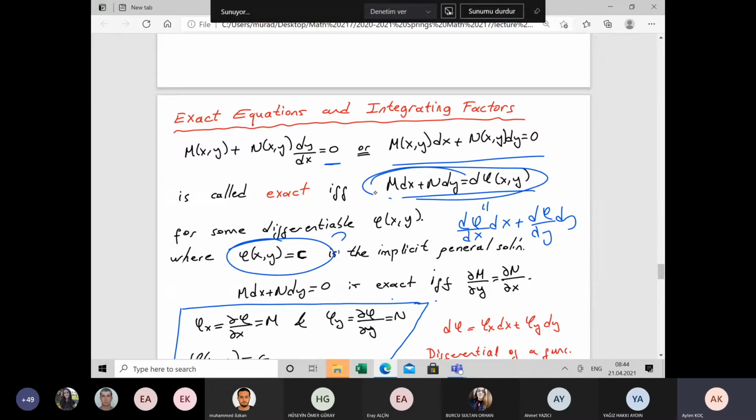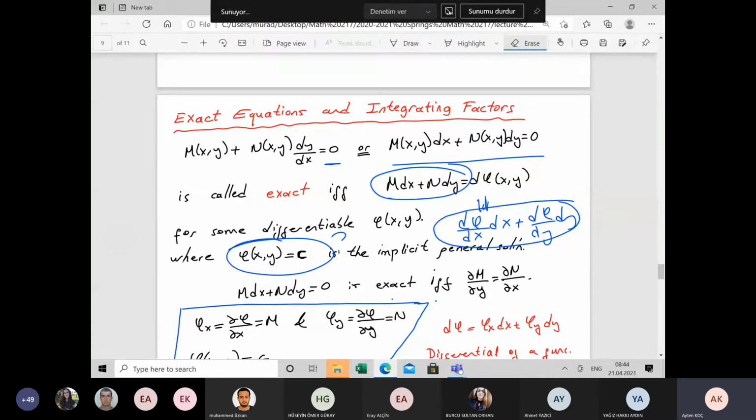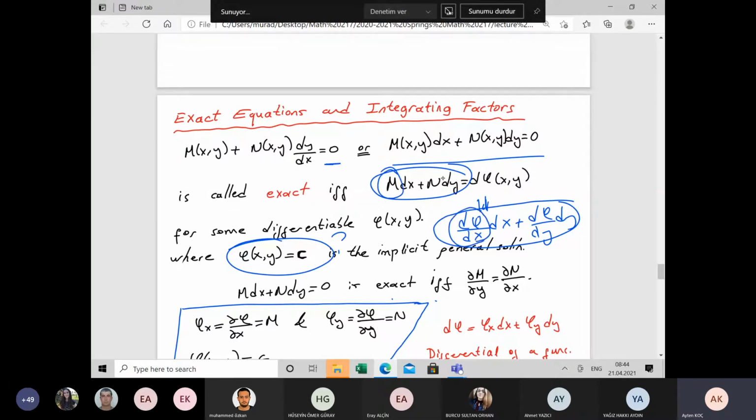So compare the coefficients of dx: the coefficient of dx is M, on the right side it is d phi over dx. And N should be d phi over dy.